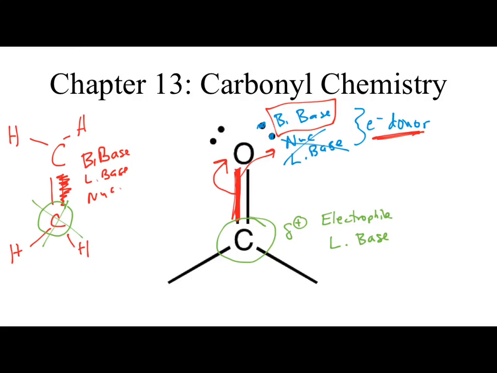No, Lewis acid. Sorry. You were right on the Lewis part. I was wrong on the base part. There we go. Acid. Remember, the base would donate electrons. The acid needs to accept electrons.